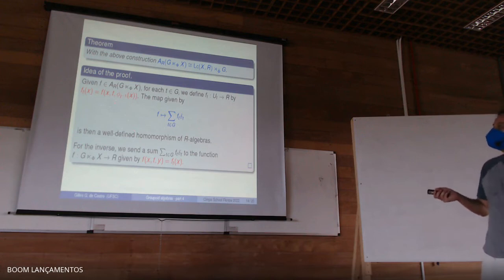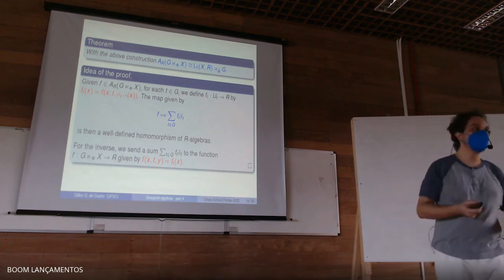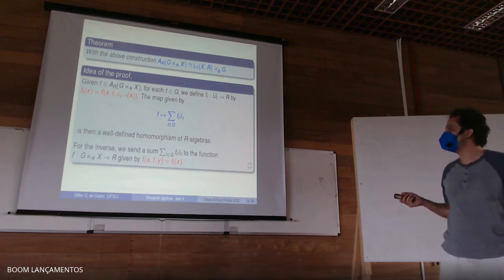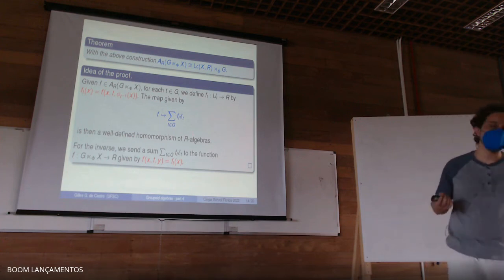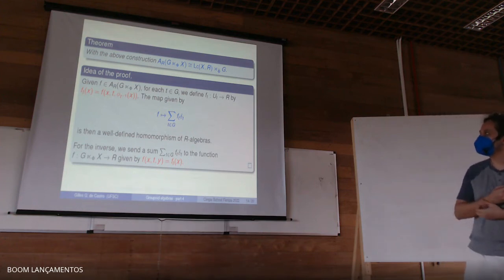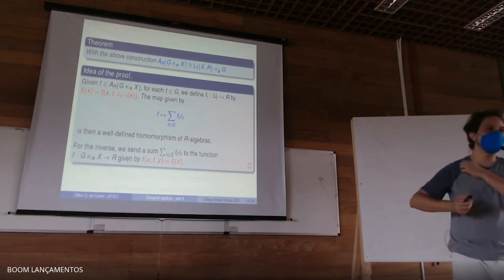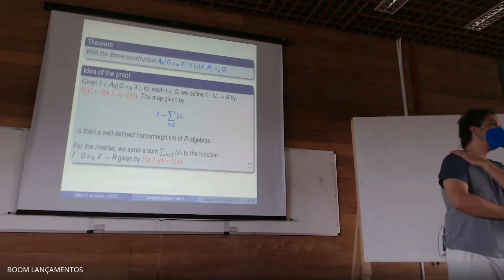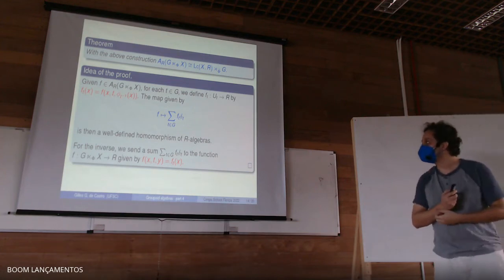So we have the triple here. We just define this to be ft of x. And then we actually don't need to show that it's a homomorphism, because once we have the first one is a homomorphism and it's a bijection, so this inverse is also going to be a homomorphism. So this is going to give us the isomorphism between the Steinberg algebra and the partial crossed product.